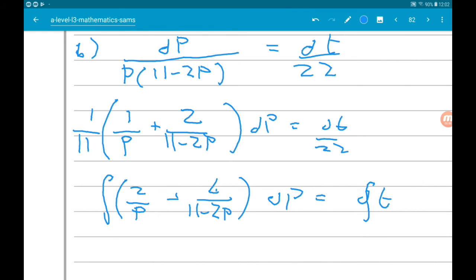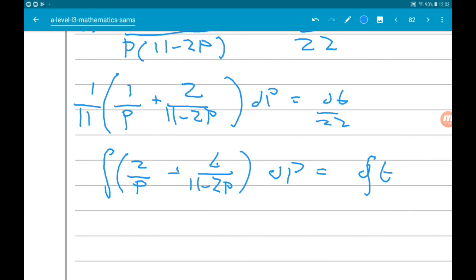So the integral of 2 over p is 2 log p. Now then, the integral of 1 over 11 minus 2p would be minus a half log of 11 minus 2p.